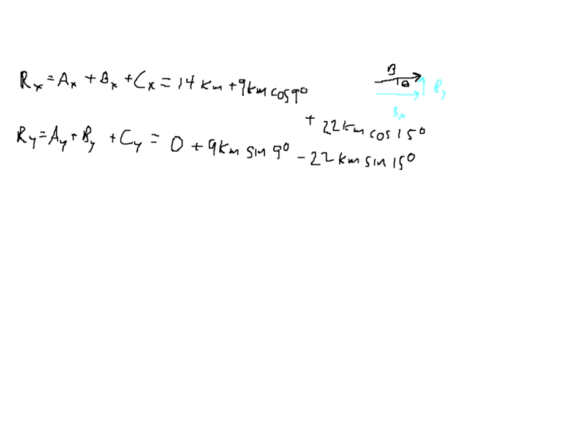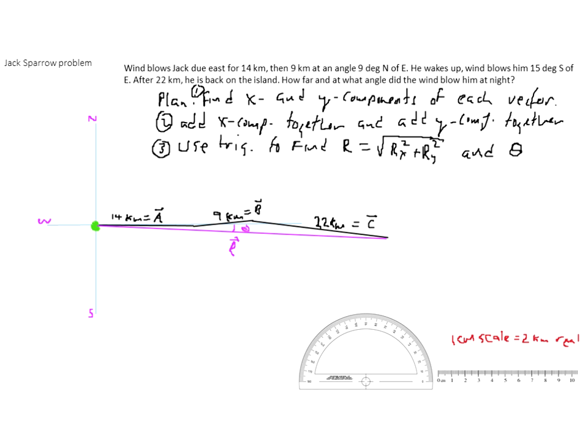And I'm not going to add these up. You can do that, but you're going to get something that is quite long here in the X direction. It's going to be R sub X. And you don't necessarily know it because we haven't figured out the numbers, but it's going to match the drawing.